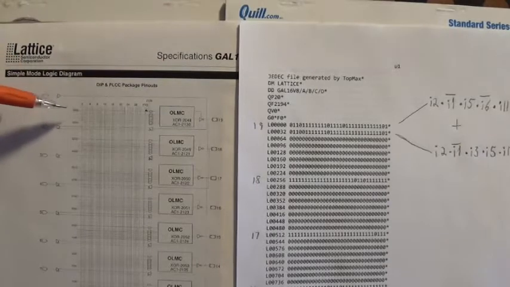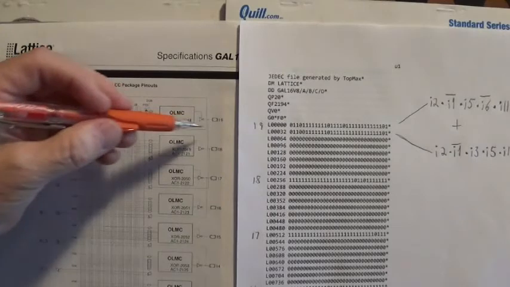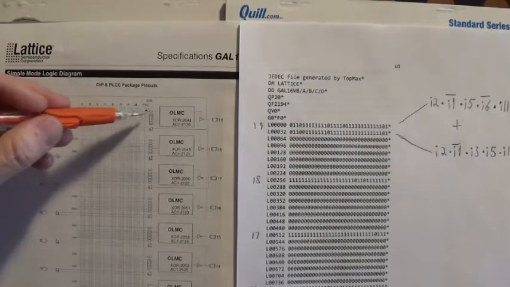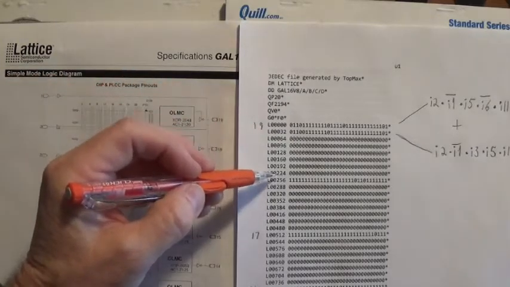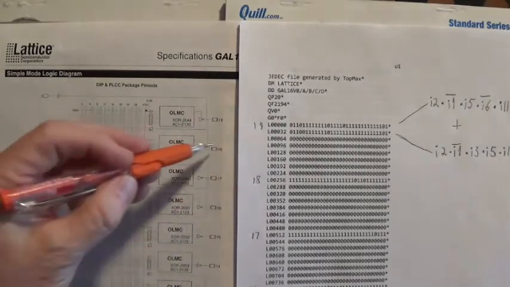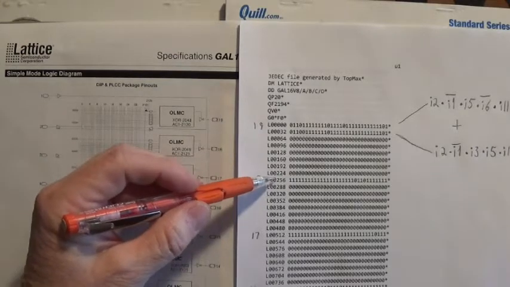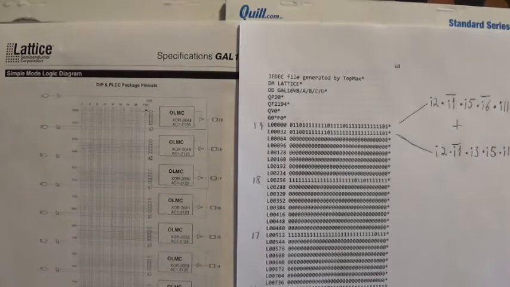Here you got 0 to 224 is for pin 19. All of these ANDs and ORs are associated with that pin. Pin 18 is from 256 to 480. There's 256. There's 480. And so on down throughout the array.